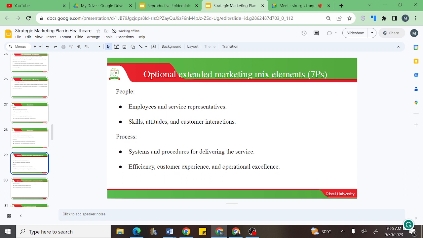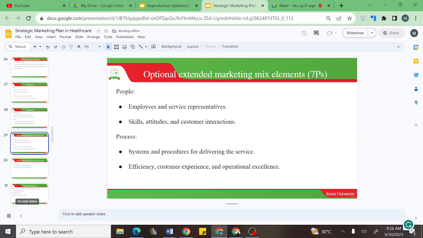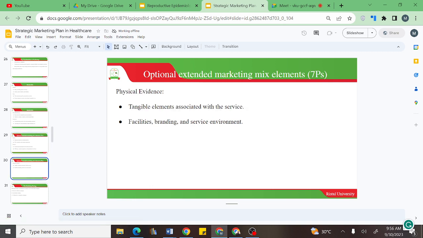Is the process efficient and effective? What is the customer's experience in receiving services in your facility? And then you have the physical evidence, tangible elements associated with the service, the facilities. If you visit the health facility, what is the nature of the facilities there, the waiting place, the technologies used, the x-rays or the laboratory techniques and things like that. These are very important.